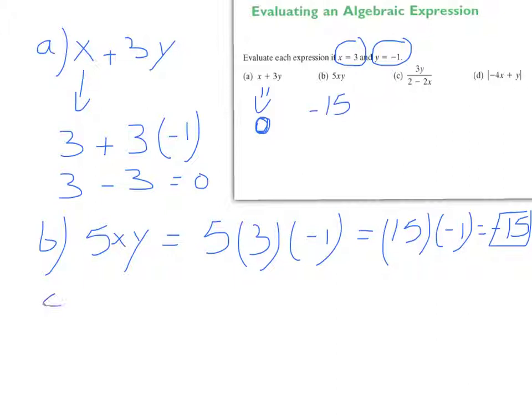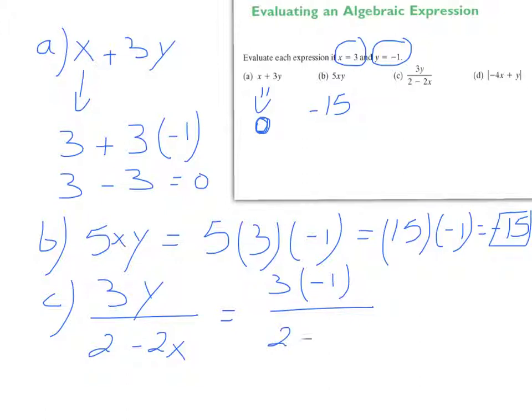And then we have c. We have 3y over 2 minus 2x. We will substitute y by -1 again, and x by 3.